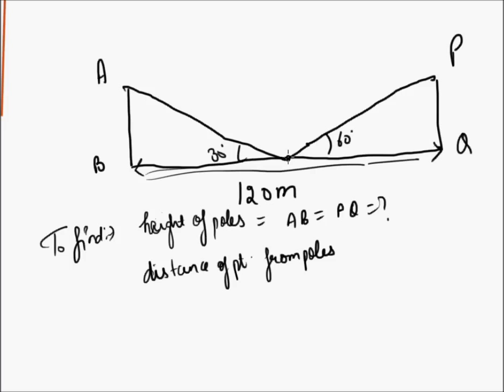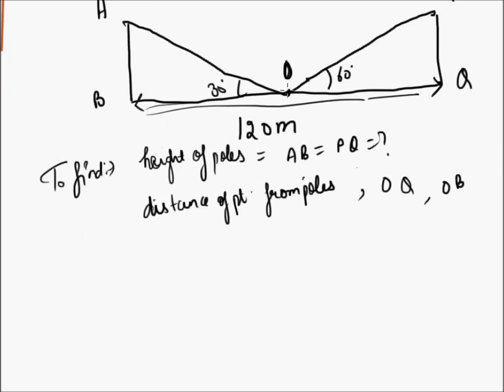Say this is the point of interest, O. We have to find the distance of this point from the poles. Say OQ is the distance from pole 1, whereas for pole 2 of the same height, the distance from this point is OB. So we have to find AB, PQ, OQ and OB.